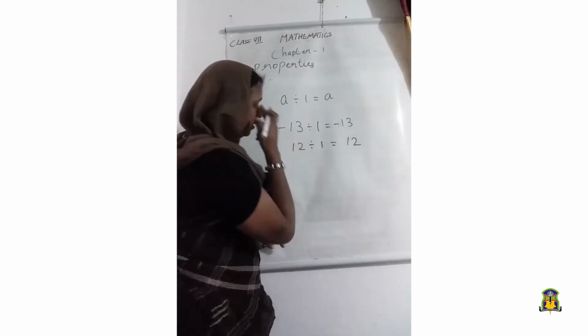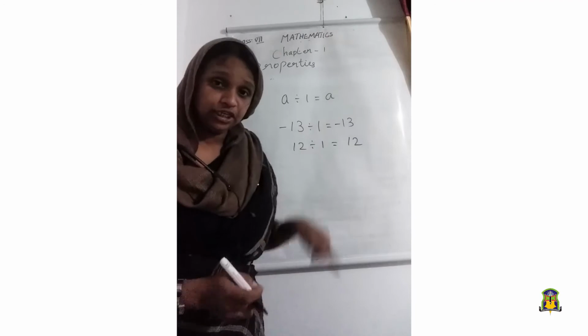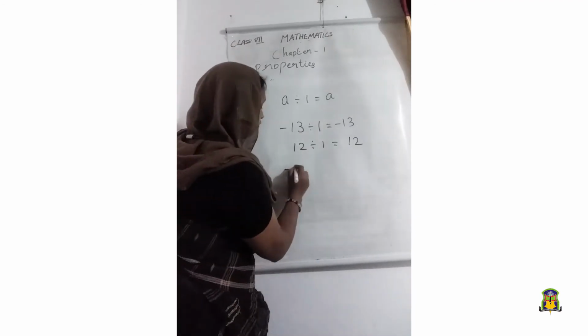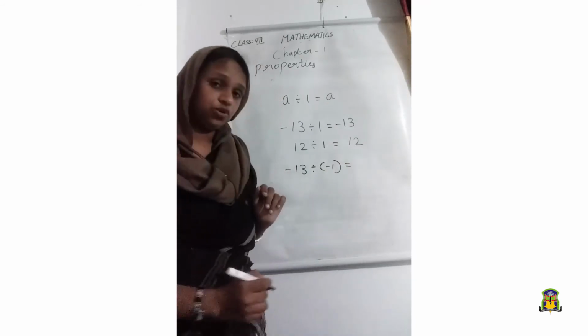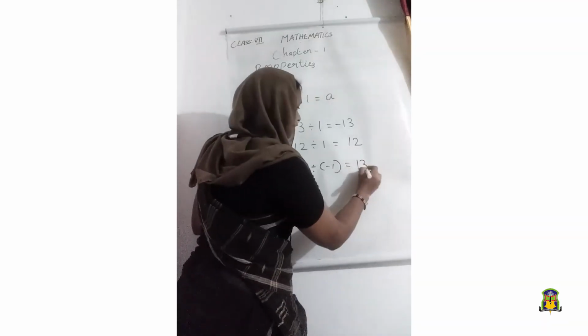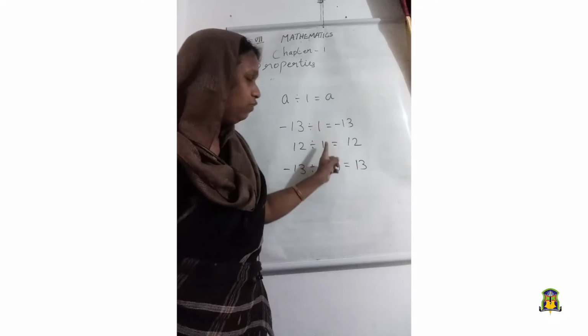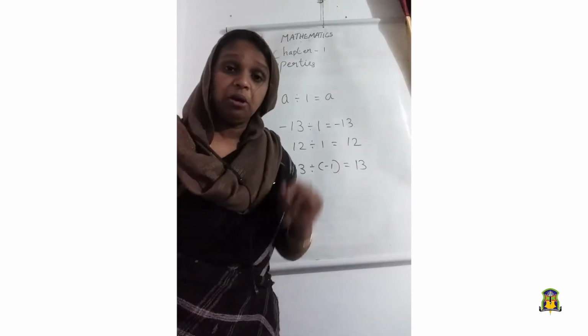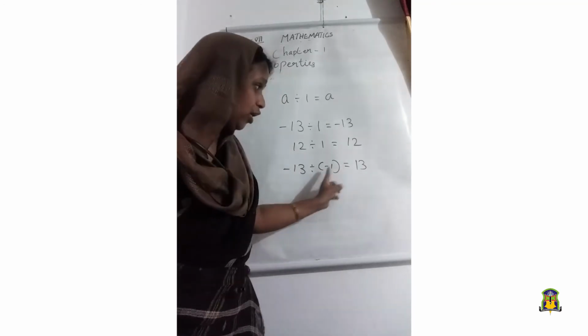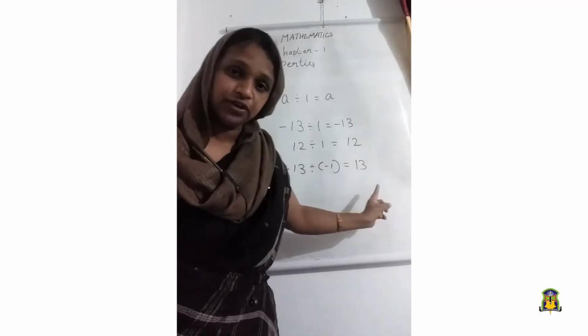Then, if we divide by negative 1, that means negative 13 divided by negative 1, the answer is what? 13. So you see, if we divide by 1, we get the same integer itself. But if we divide by negative 1, the answer is different.